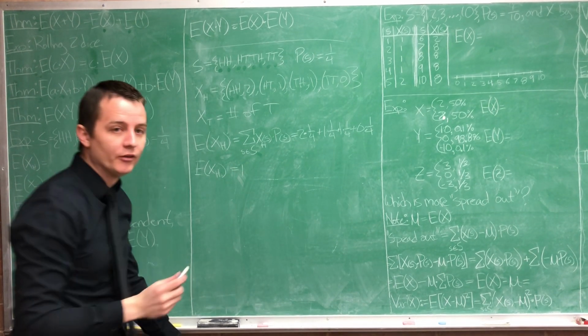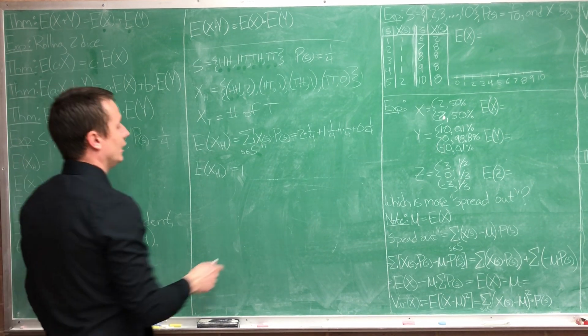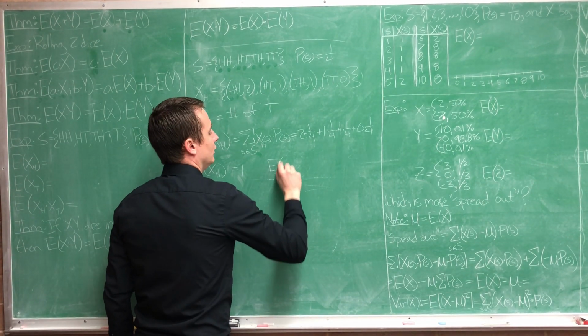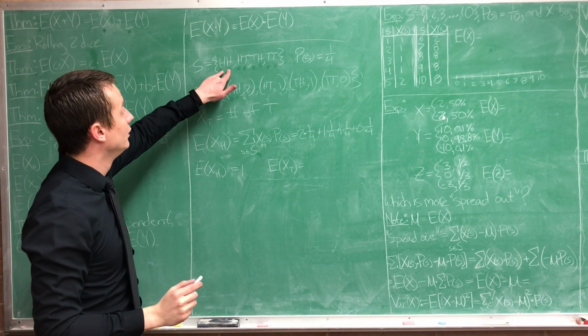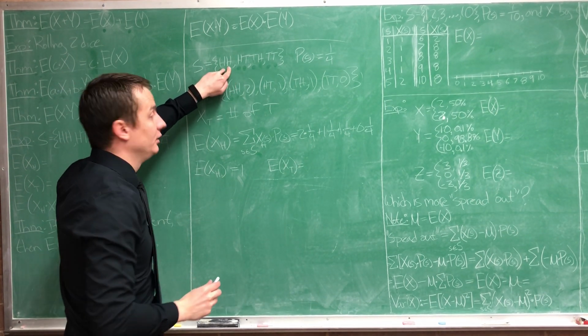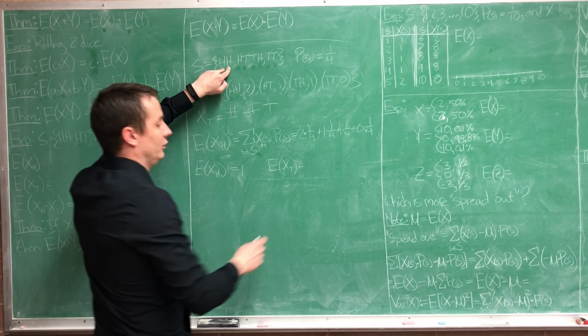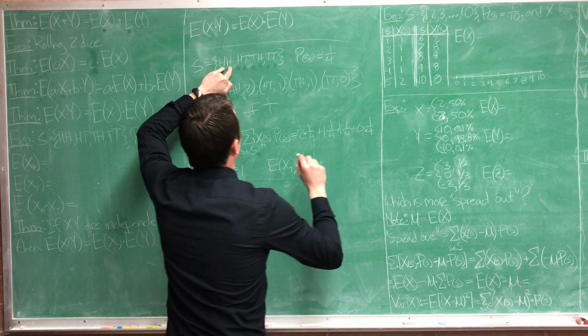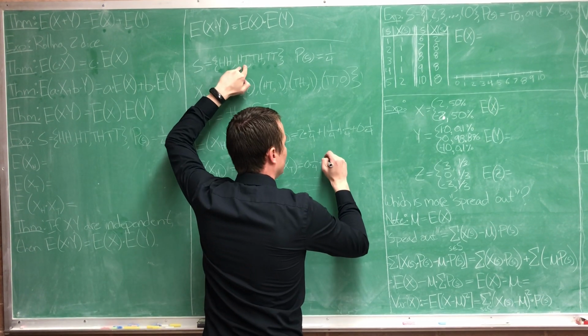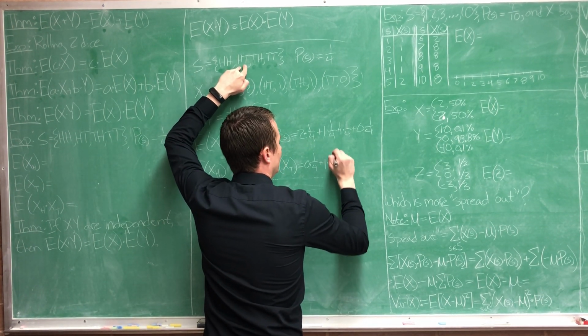Now let's figure out the expected value of X of T. What do we get when we plug this in for X of T? 0 times its probability, 1/4. Plus 1 times 1/4.